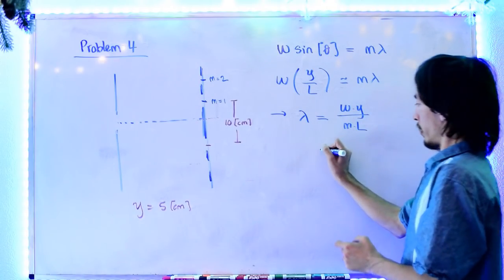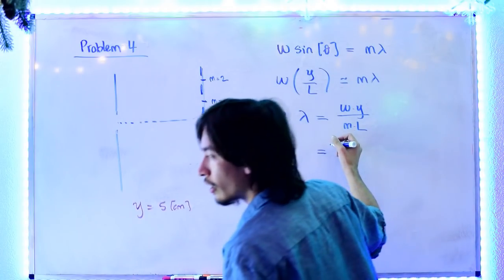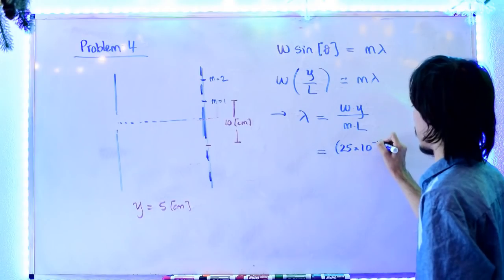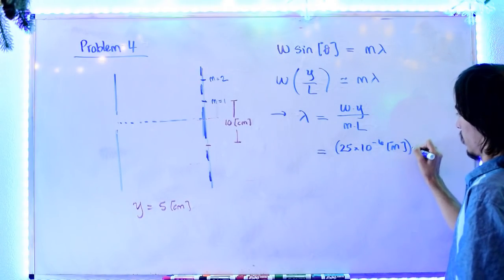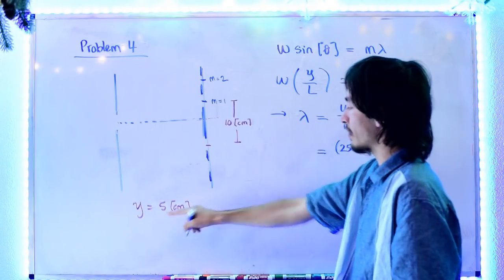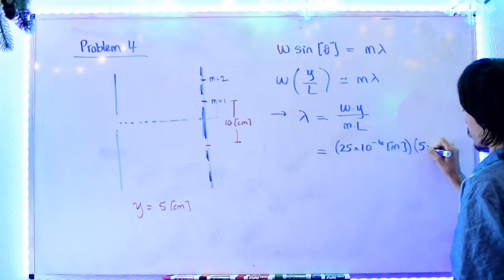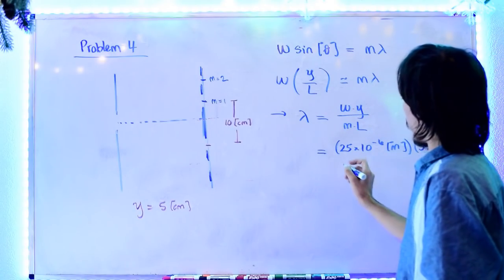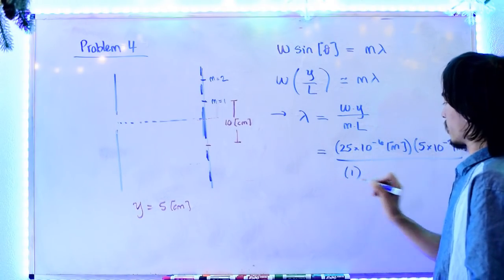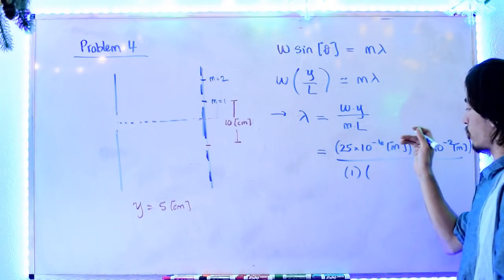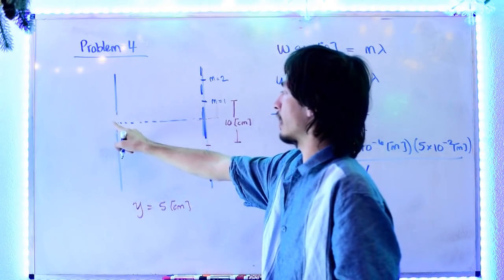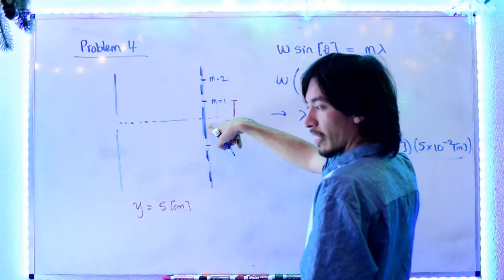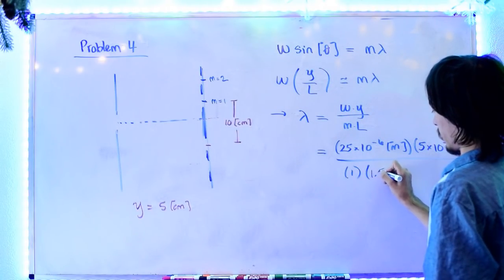We have the slit width, so that's going to be 25 micrometers, 25 times 10 to the minus 6th meters. The y value is 5 centimeters to either side, so 5 times 10 to the minus 2 meters. Your m value is 1 for the first dark fringe, and your L, the distance from the slit to the viewing screen in this problem, is 1.5 meters.